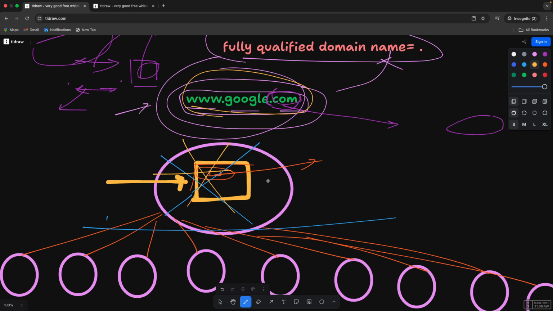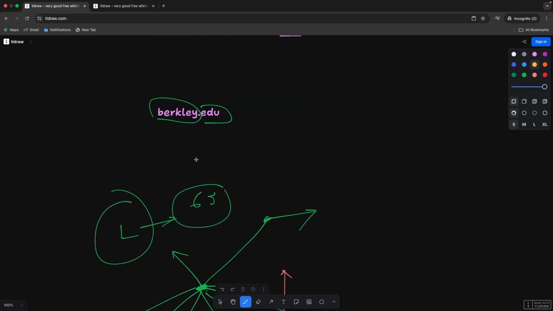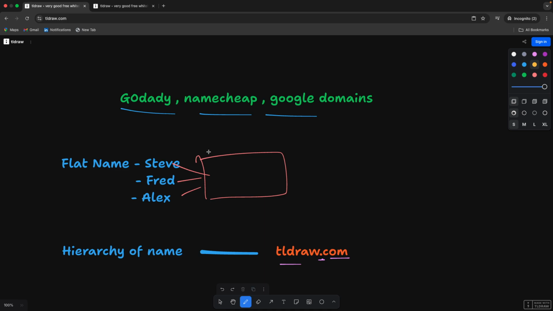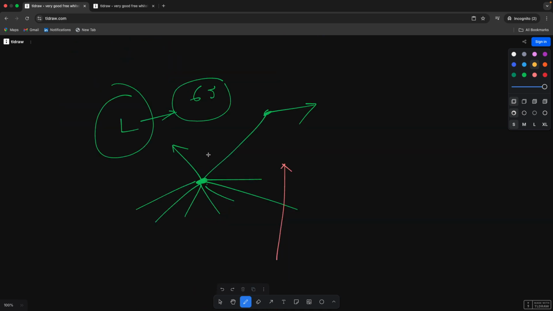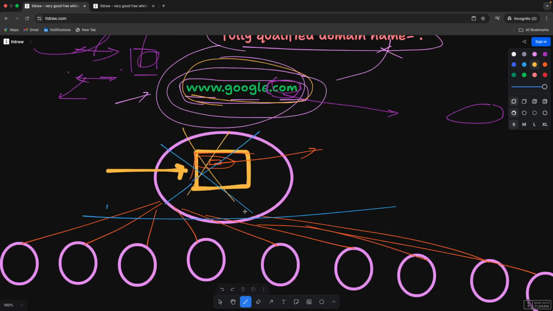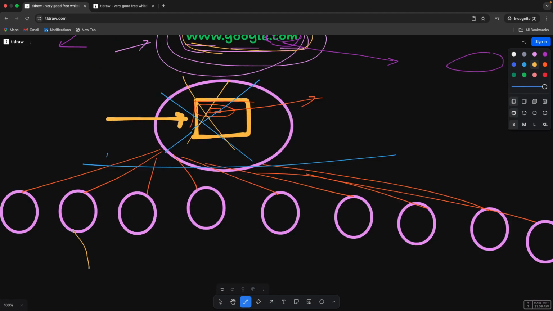This central thing is something that we don't want, right? We don't want a directly flat name to be present. Instead, we want to form it in a tree-like format, so that there is no central point of failure.